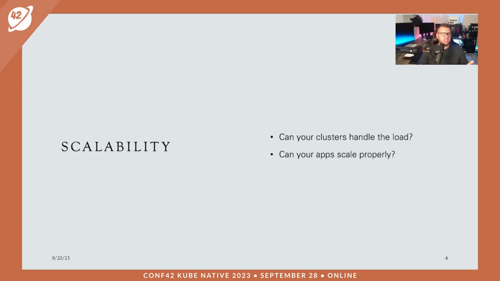That's arguably just as important as scaling up, because guess what? Maybe you're in peak season, maybe you're an e-commerce site, Cyber Monday, got to scale up. Maybe you need an extra 2-3 worker nodes. But guess what? 6 months out of the year, 8 months out of the year, you don't need those 2 extra worker nodes. So because of that, you want to scale those things back down. Otherwise, you're spending money for no reason. So cost and resource optimization both kind of come into play with each other.